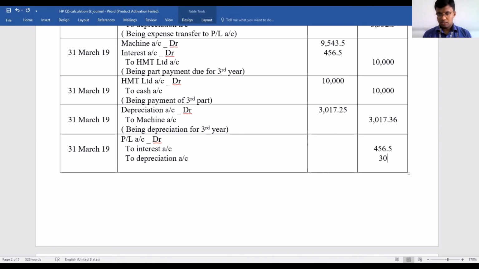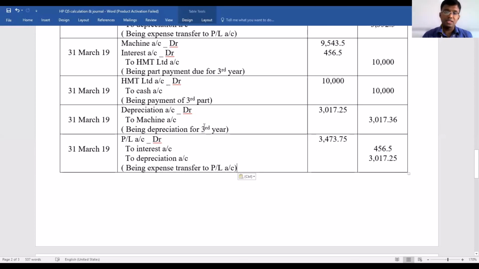Depreciation account would be 3,017.25. So this would be the expense transfer to the profit and loss account at the end of the third year.